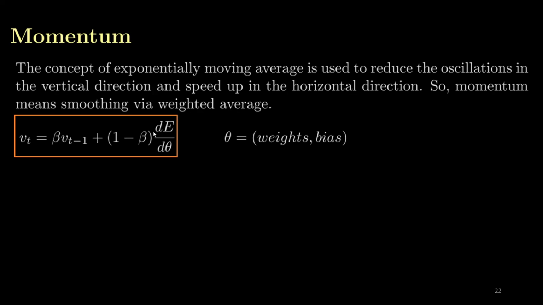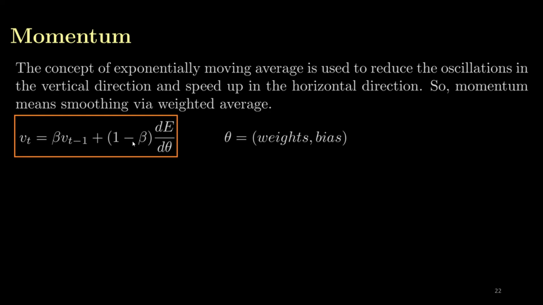Now, this term after the plus sign is another very important term. This is the gradient. When we update the weights without momentum, we just use the gradient. But when we update the weights with momentum, we also have to smooth the gradient. If I multiply 1 minus beta with the gradient term, it is basically the weighted average of the gradient.